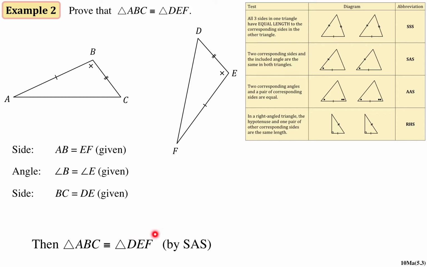That means those two triangles are identical with their shape by the rule side, angle, side. You must include that when you're proving congruence. You need to finish off with your statement to state what's congruent and the test that you used.